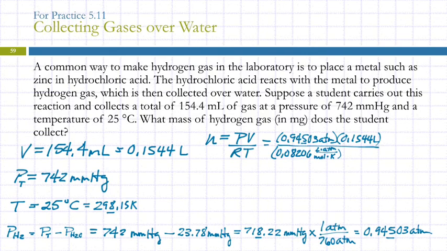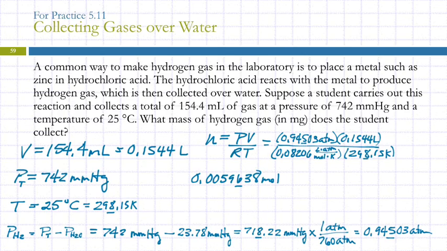And then the temperature, 298.15 Kelvin. So I get 0.0059638 moles of hydrogen gas.